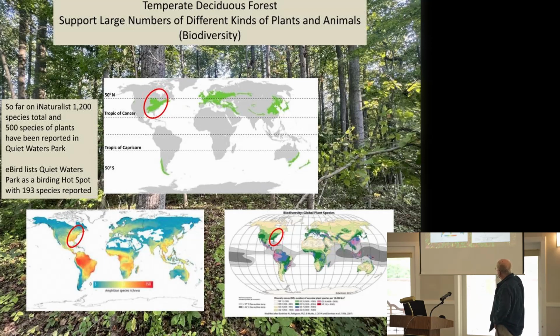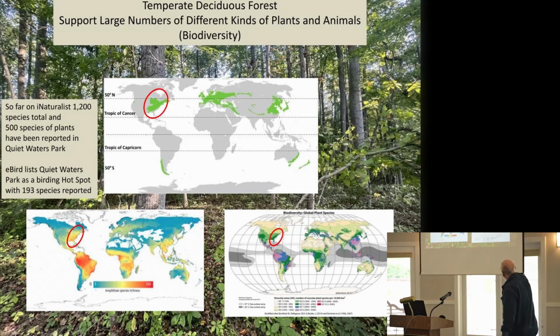It's also a hot spot. This is a map of amphibian species richness, so how many frogs and salamanders live in different parts. Of course, the tropics are hot spots for biodiversity. Lots of stuff grows there. But you see here in the northern latitudes, this eastern deciduous forest has lots of species of frogs and salamanders.